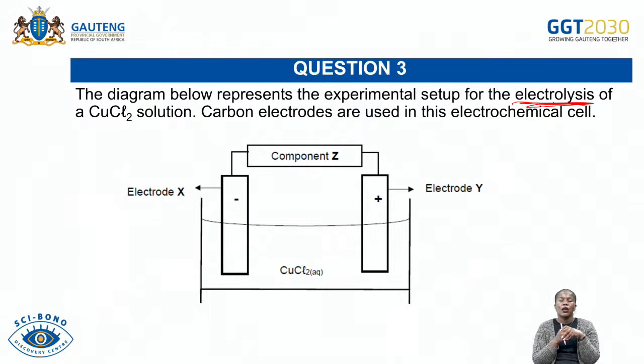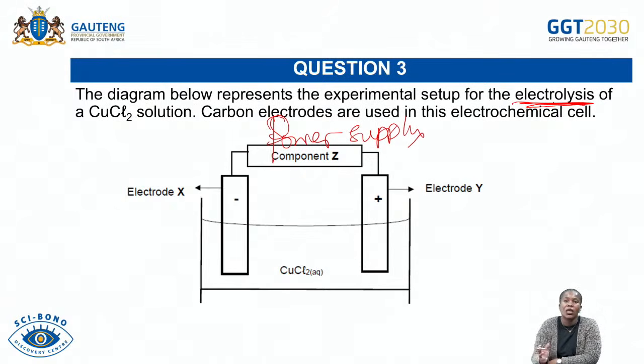In knowing that, we understand that an electrolytic cell is a non-spontaneous cell. Being non-spontaneous means that it won't happen on its own. It will need a power supply for the decomposition of the copper chloride solution in this case. So that means our component Z is our power supply.